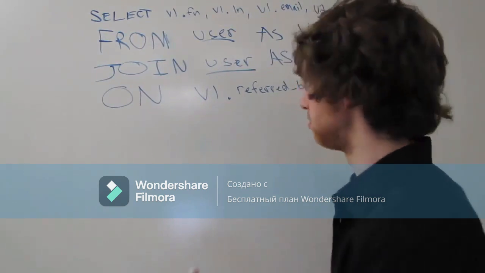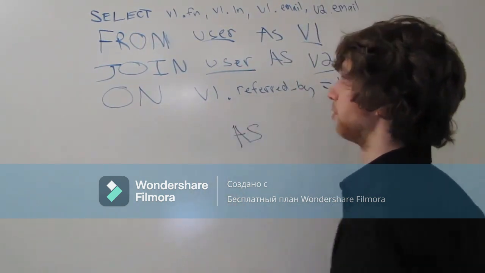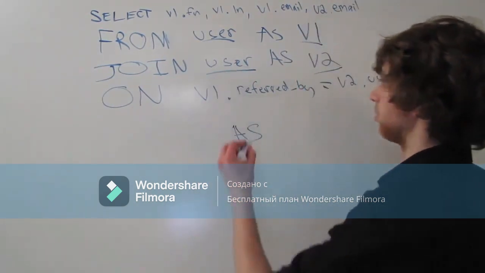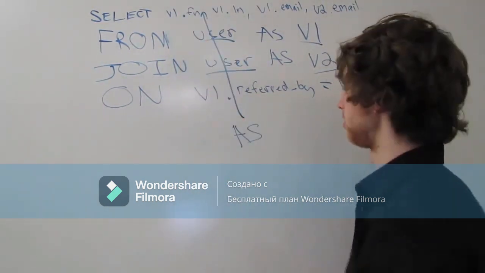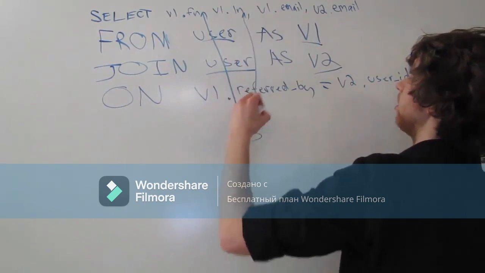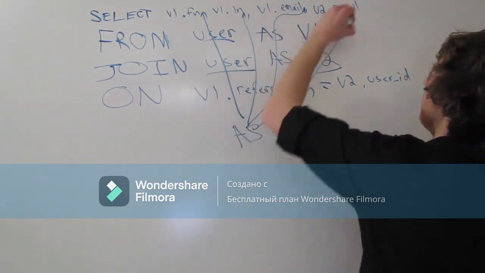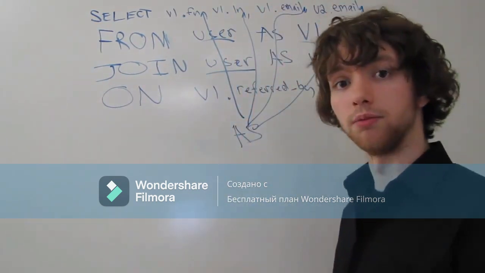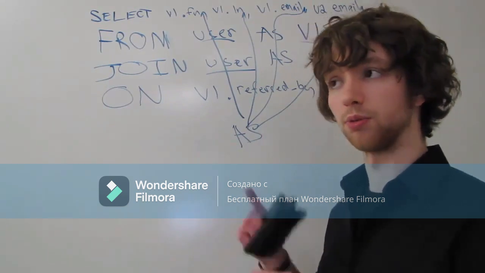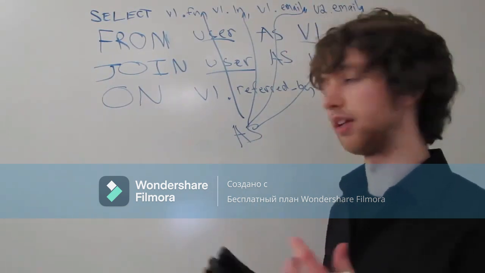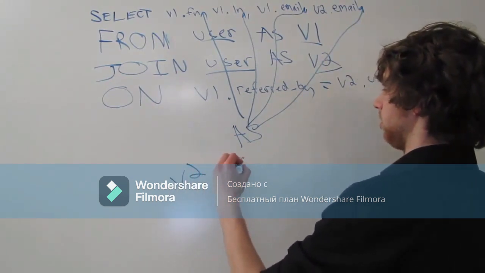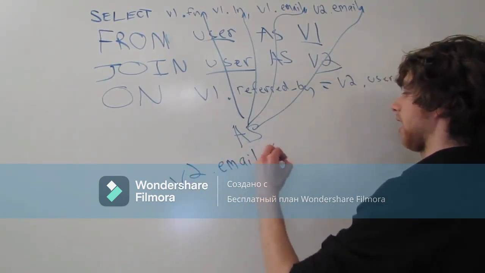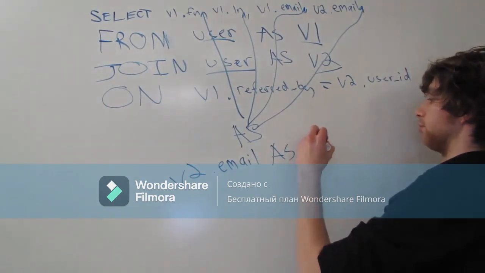So for that, you also use as, but instead of putting it in the from, you're just going to put it right after the column that you want to change. So you can put it here, here, here, and here. So if I wanted the table 2 email, or the person who referred, you could make it say like v2.email as "referred by".